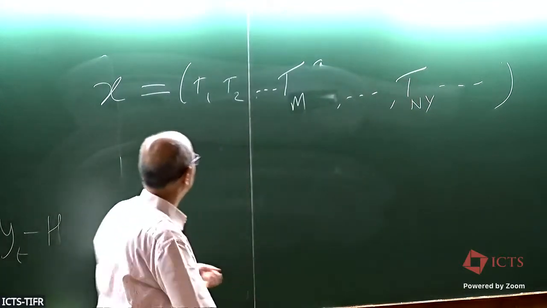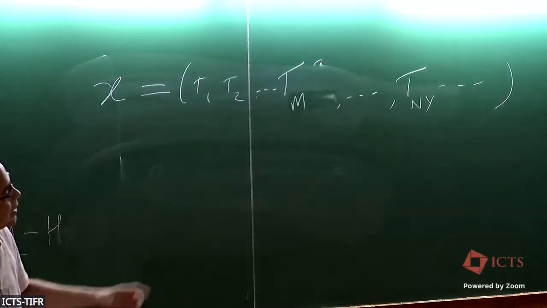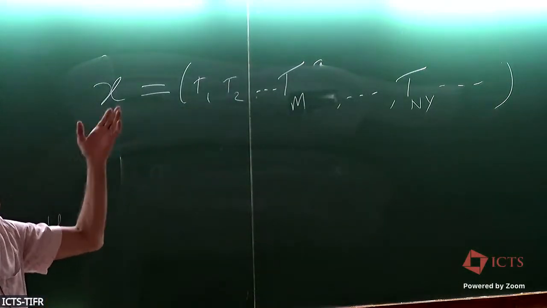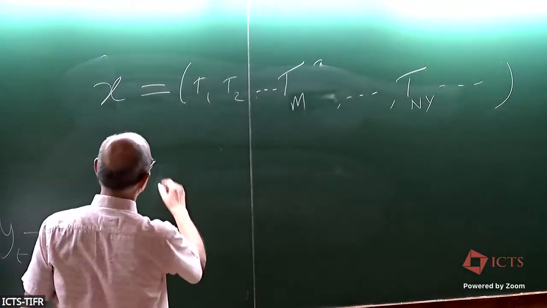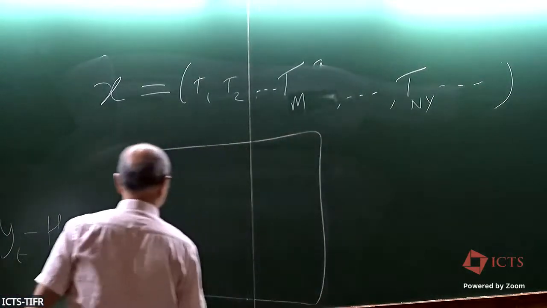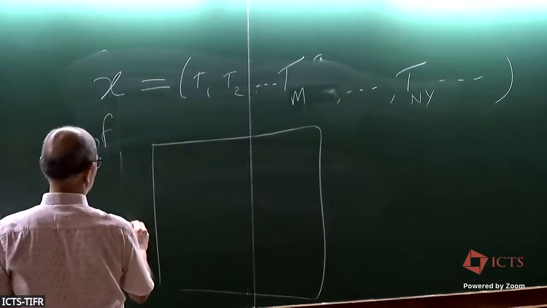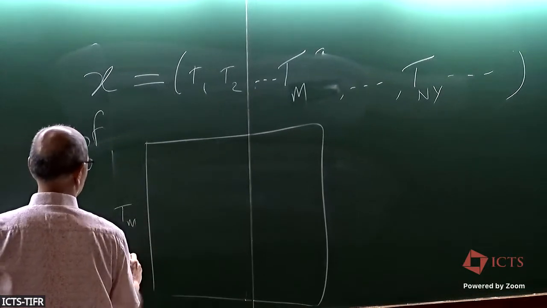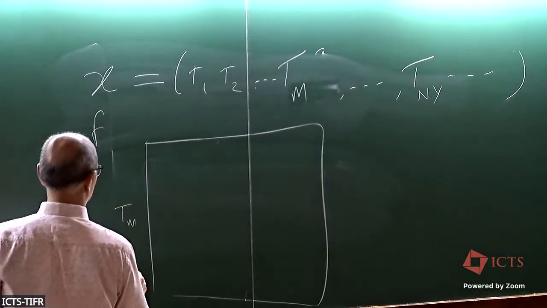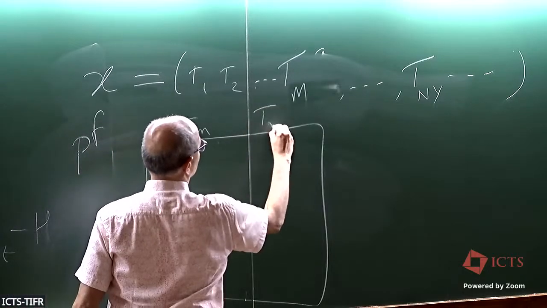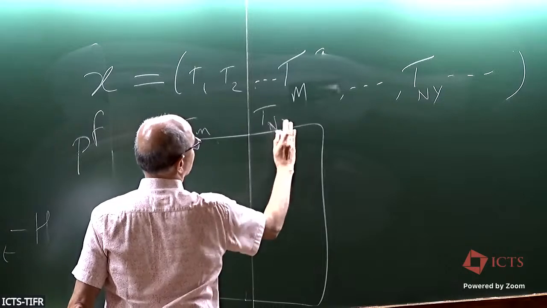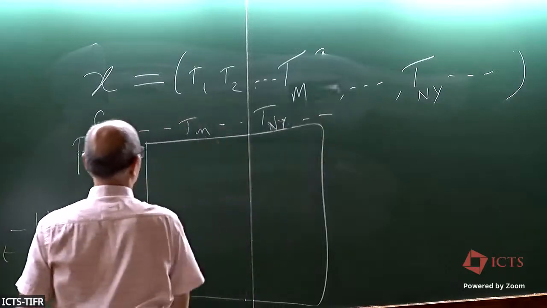You would imagine that the temperature in Mumbai and the temperature in New York right now are not correlated. If you compute the ensemble covariance, the sample covariance, then in the covariance matrix there will be entries corresponding to T_Mumbai and T_New York.